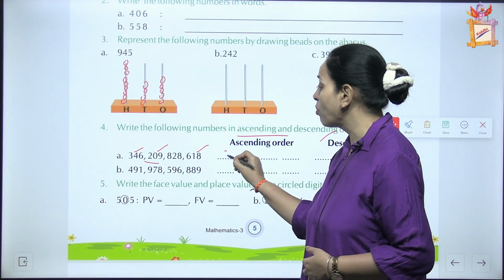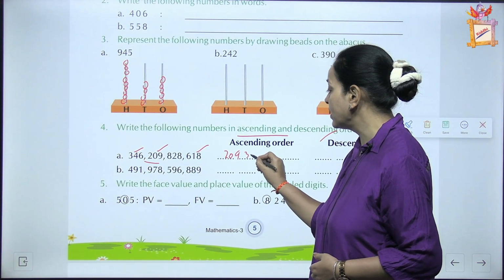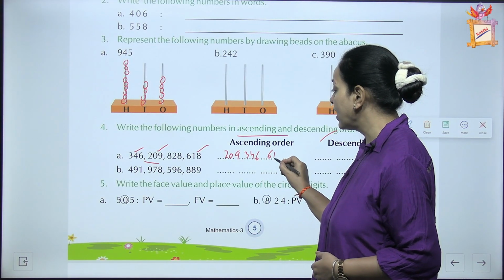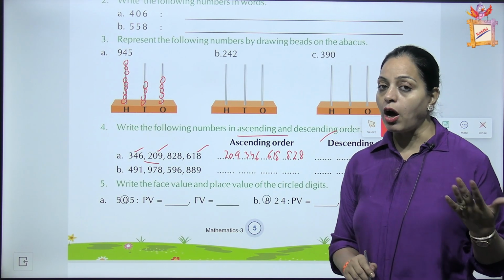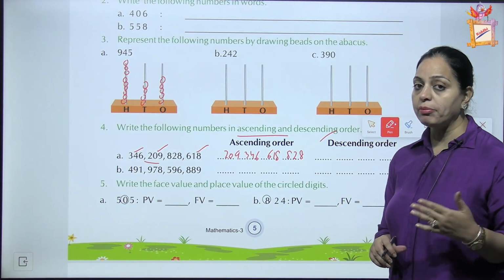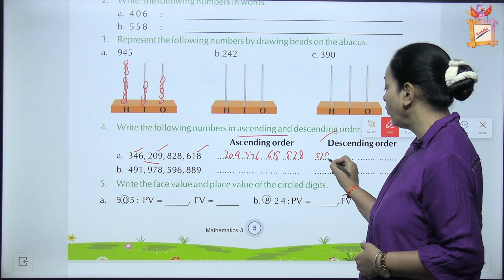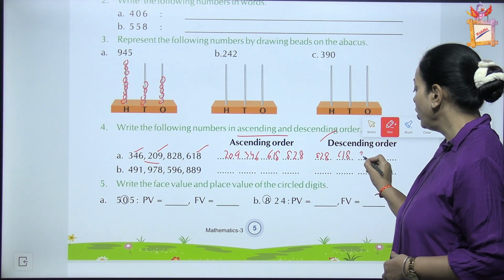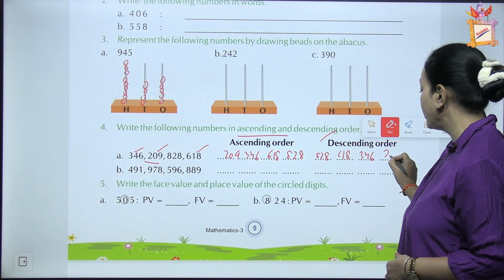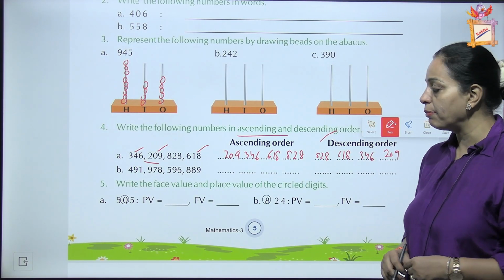This is the smallest one, 209. Then 346, then 618, then 828. Now we can write in descending order, greatest to smallest. So 828 first, then 618, 346, and the smallest one is 209. Similarly, you can try B part.